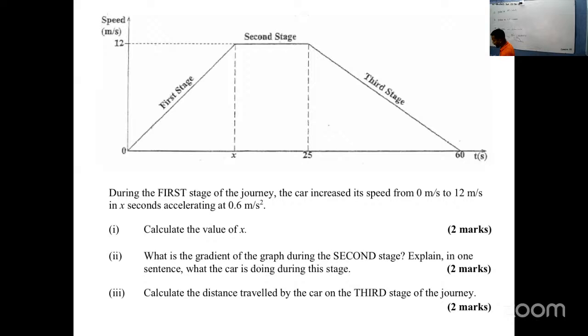The question asked to find x, and they said that the acceleration is 0.6 meters per second squared. So in this question, you have to work in reverse. They gave you the gradient already.